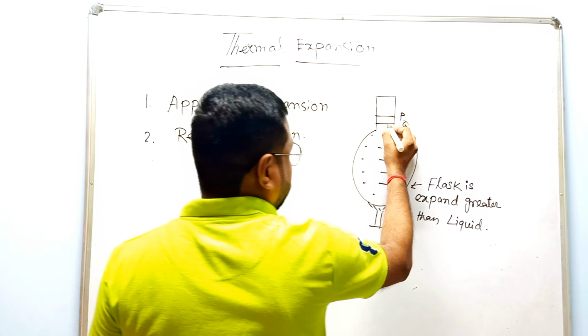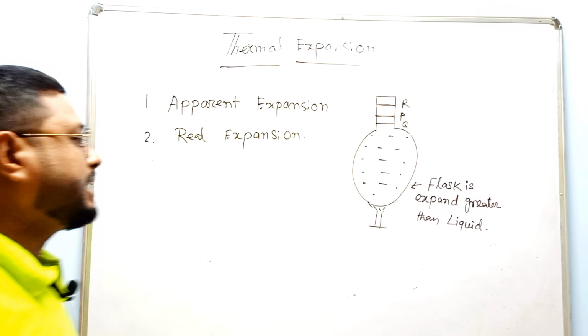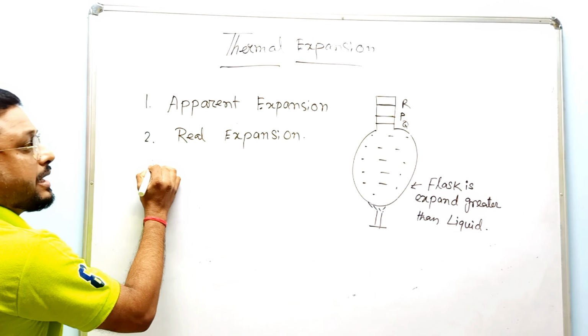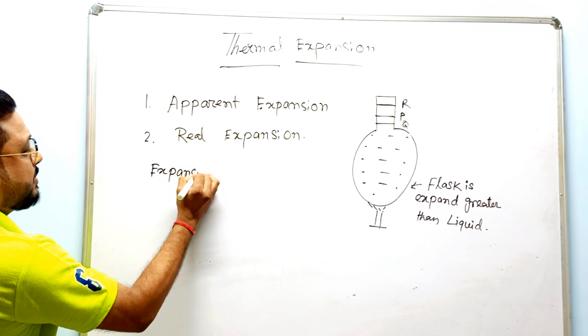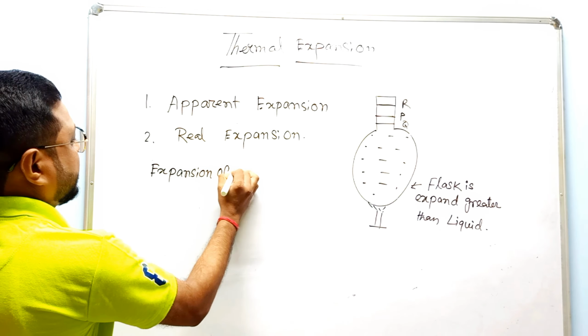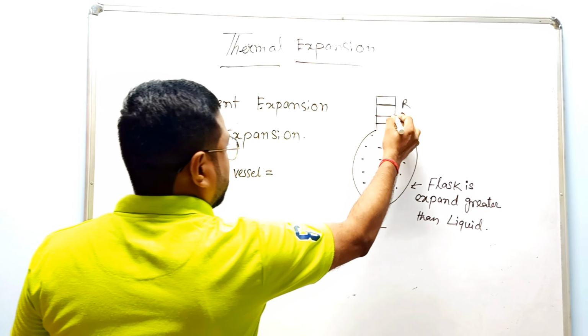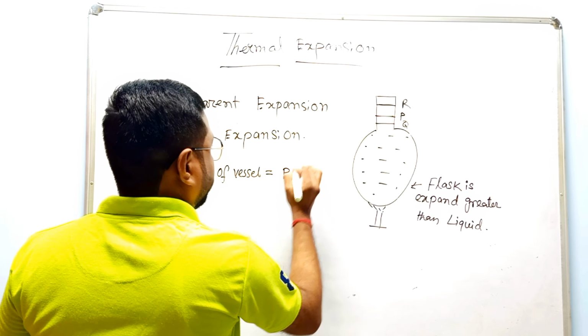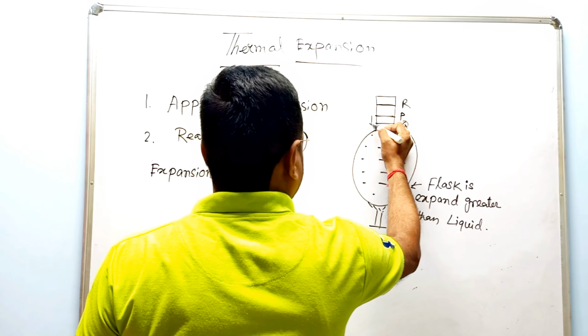So the liquid expands from Q point to R point. In this case, the expansion of vessel or flask equals PQ, because when the vessel expands, the liquid comes from P to Q.